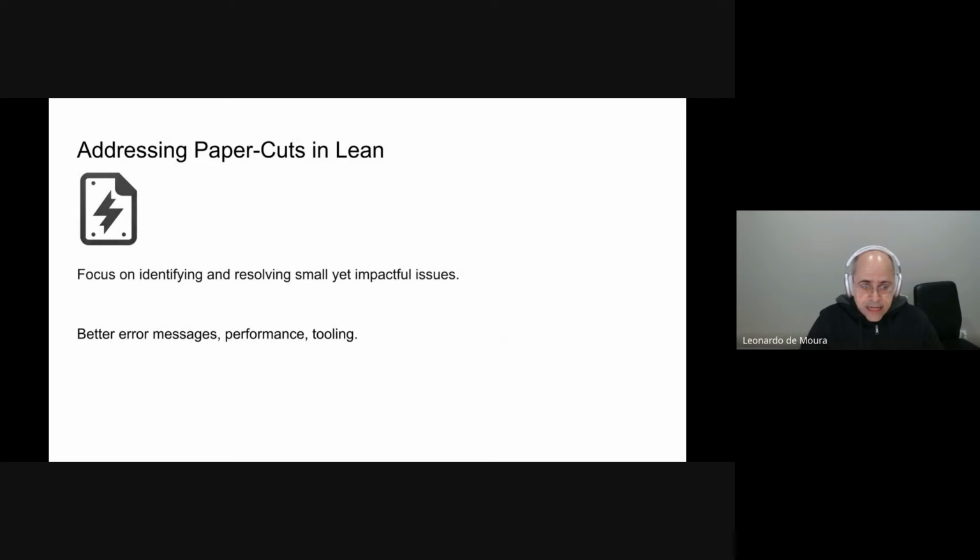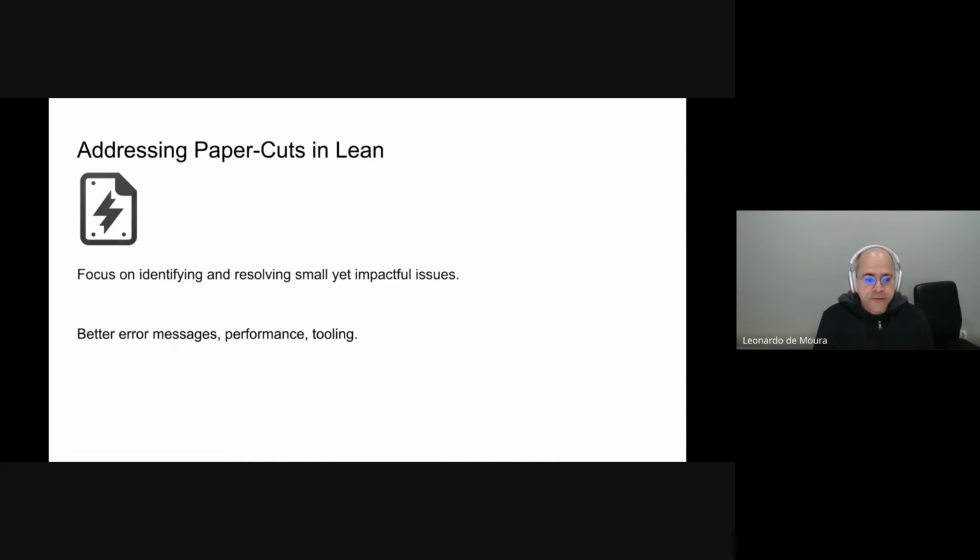And they cover things like paper cuts. There are small issues sometimes, but they're impactful. Sometimes they show up as a bad error message. For example, David, when he was writing Functional Programming in Lean, tried to address some of the bad error messages, saying, look, you may get this insane error message, this is what it is.